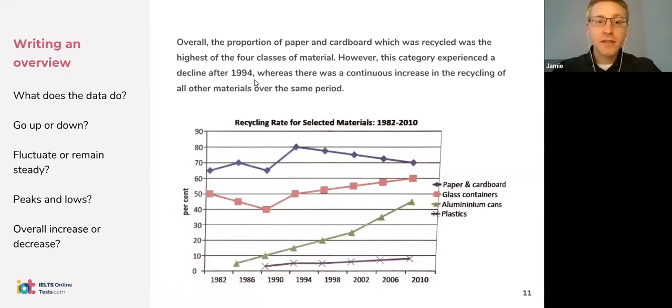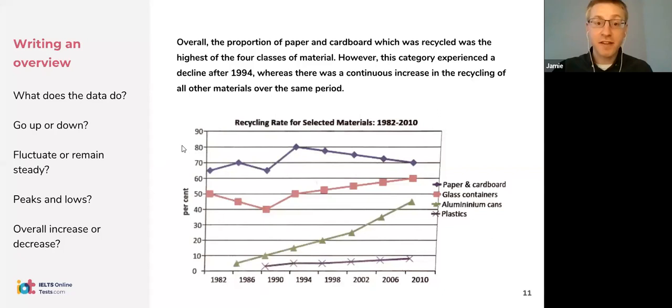So here, the 2 trends I've decided to focus on is the fact that paper and cardboard is the highest, but after about 1994, it decreased while everything else increased. Okay, to me, this is the most interesting information about this graph, is that actually paper has decreased, even though it's still high, while everything else has increased. Okay, so this is one possible interpretation.